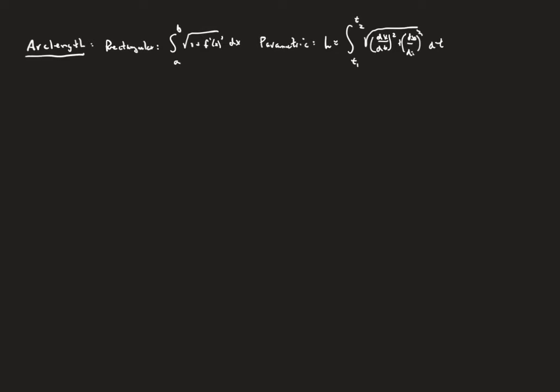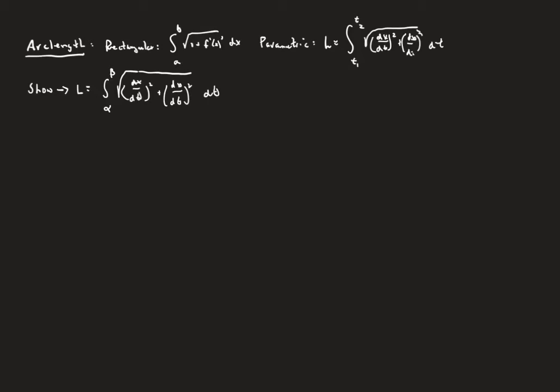Now, what we're going to try to show here is, in polars, we're going to first go from the parametrics to changing our parameter from being t's to being our thetas. So we're going to go from alpha to beta, the angles, and we're going to get the square root of (dx/d theta) squared plus (dy/d theta) squared, d theta.